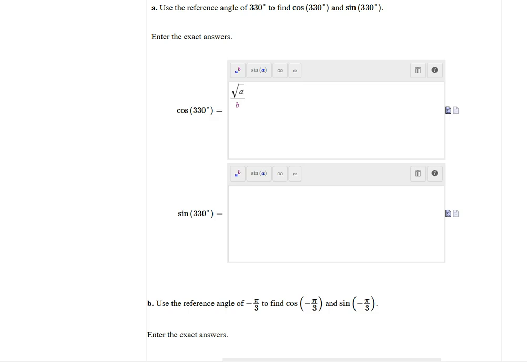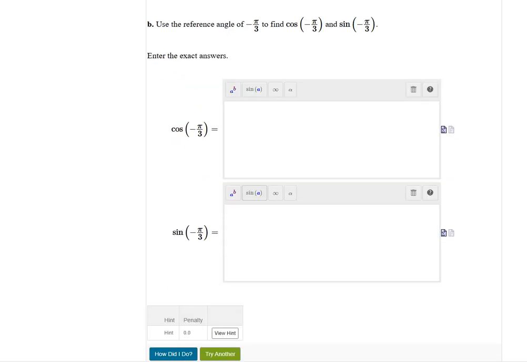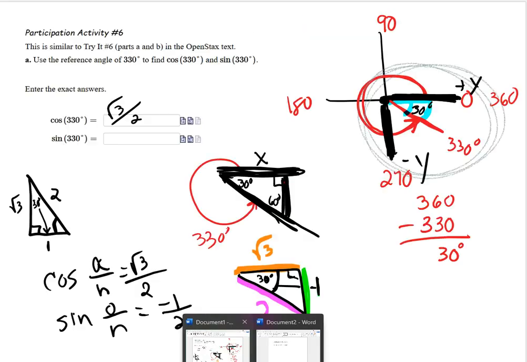I just have to delete a and put in the 3 in the denominator, and that is 2. And then the sine, another fraction. 1 is my numerator and 2 is my denominator. And then there's part B. I wish I could check part A first. Nope.